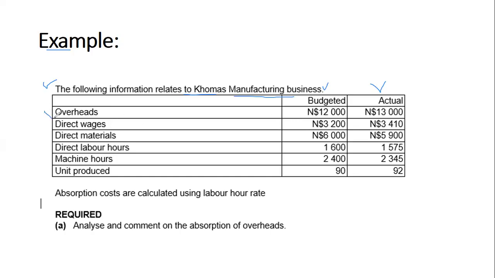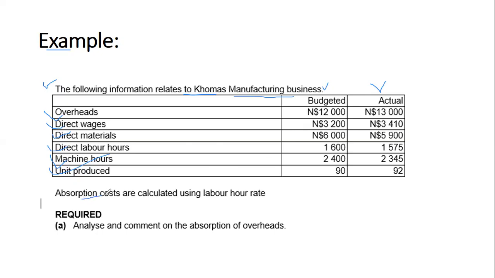So for overheads, we have 12,000 being budgeted, but only 13,000 were incurred. Direct wages given, direct materials given, direct labor hours given, machine hours are given, units produced are given, both budgeted and actual amounts.